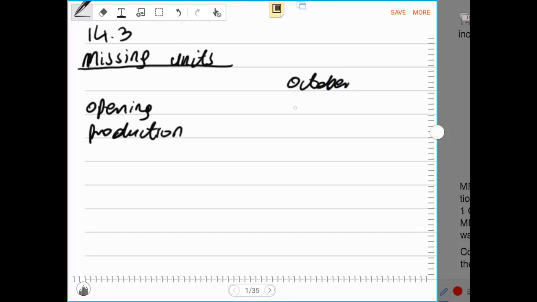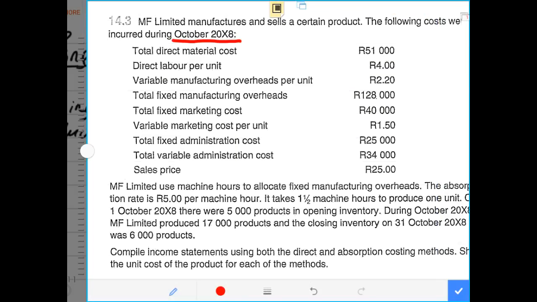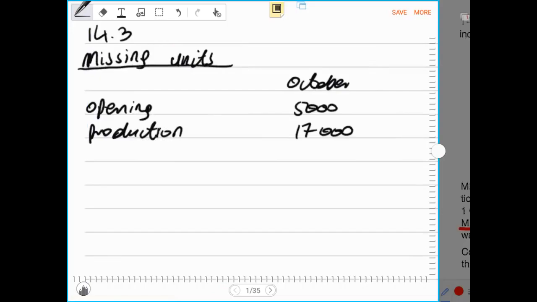Then our opening inventory was given to be 5,000 units, and our production, I think it was 17,000 units, if my memory still serves me well. Yes, our production was 17,000 units. They said during October 2008, MF Limited produced 17,000 products, and the closing inventory is given to be 6,000 units by the end of the period.